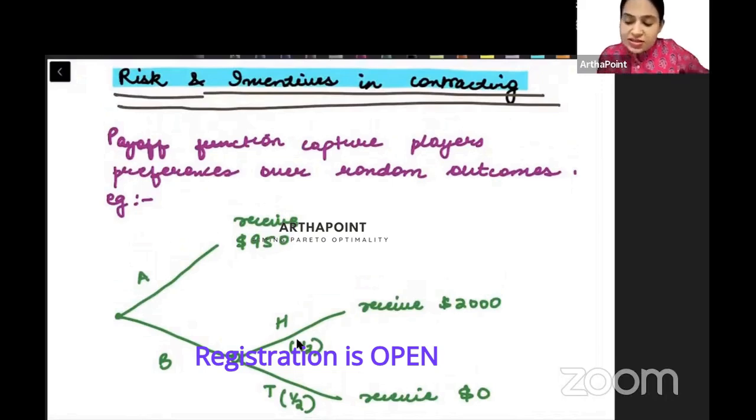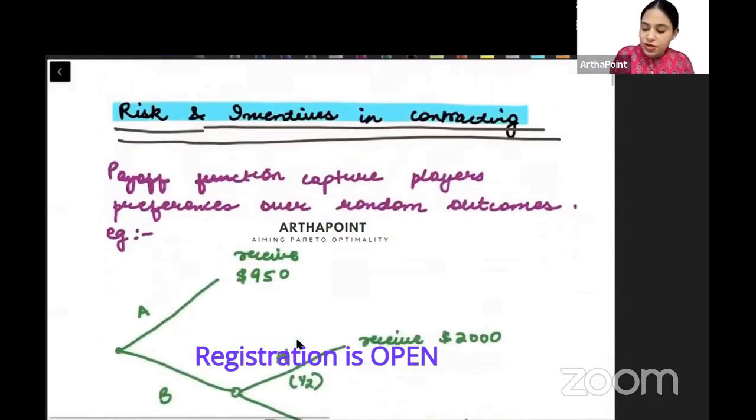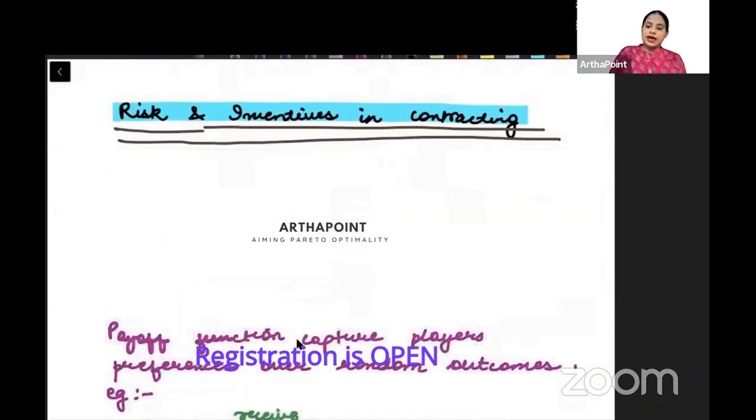This is risk and incentive in contracting. We are going to talk about two aspects in this chapter. The first aspect that I want to focus on, as the name suggests, is the risk aspect.